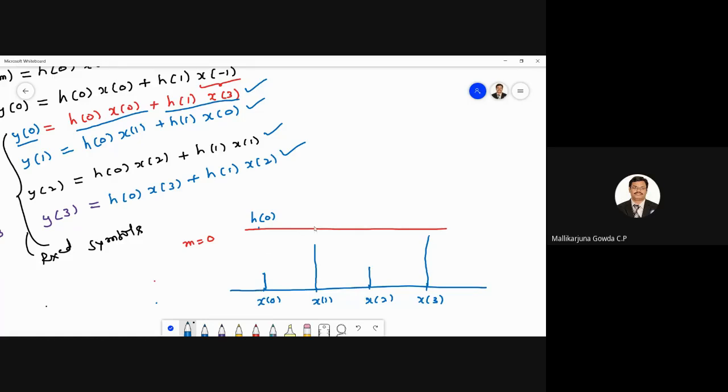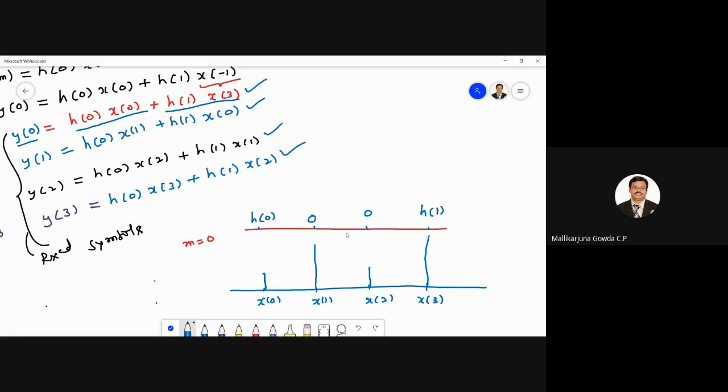Then x of 3 is there, so x of 1 and x of 2 are missing. With respect to y of 0, h of 0 is there with x of 0, but x of 1 and x of 2 are not there, so I can write 0 here. Then x of 3 is multiplied by h of 1, so here h of 1 is multiplied.